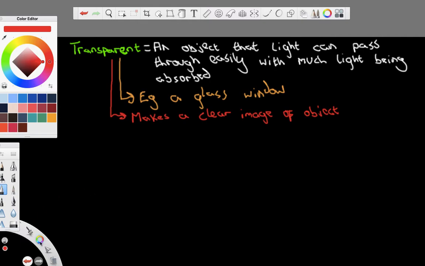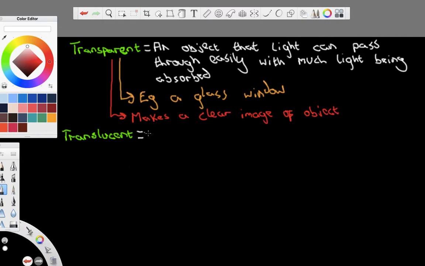This is different to what's known as a translucent object. Translucent object. Now, this is where light can travel through them, but the light is scattered.